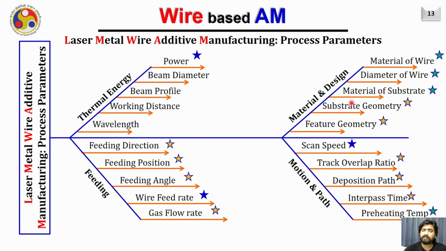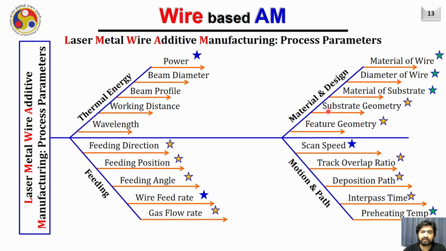Not only that, in some cases when we create functionally graded materials, the pre-built layer can be of one material and then the next layer could be of a different material. In the case of functionally graded material, the first layer is deposited with one material and then the second layer is deposited with another material. Therefore, the material for substrate and wire keeps on changing as per the requirement.